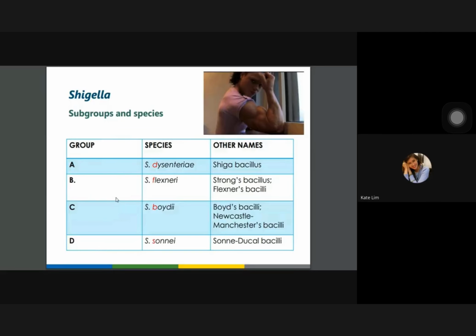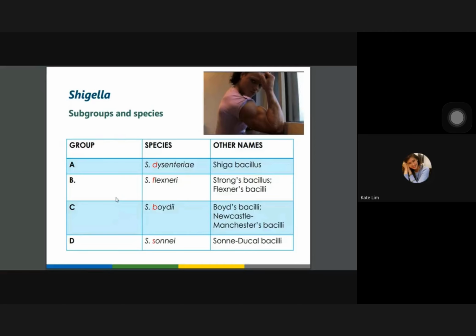Right in front of you are the classifications and subgroups of Shigella. What we have here are Group A, B, C, and D: dysenteriae, flexneri, boydii, and sonnei. Dysenteriae is also known as the Shiga bacillus, which usually causes dysentery. Flexneri is also known as Strong's bacillus.